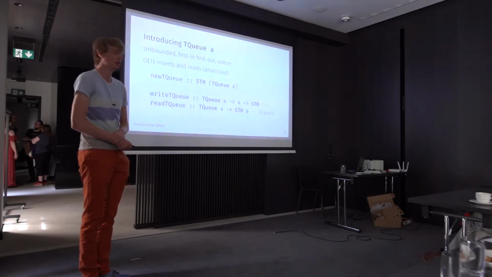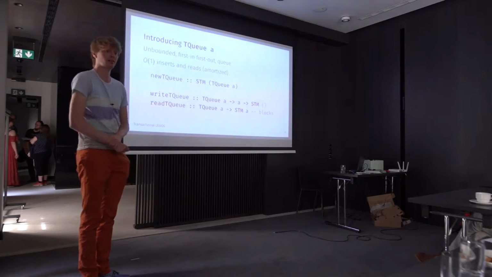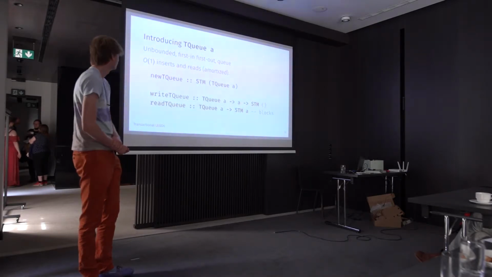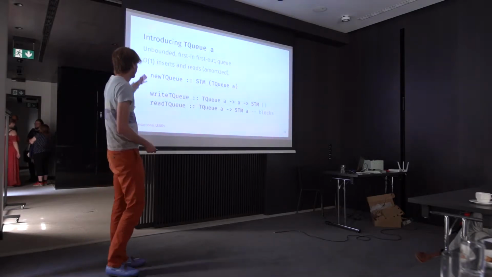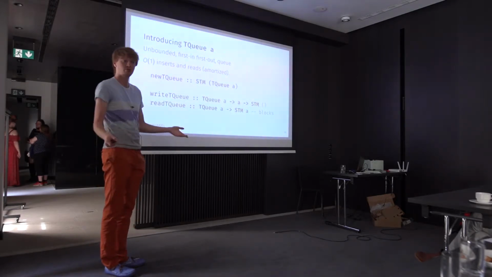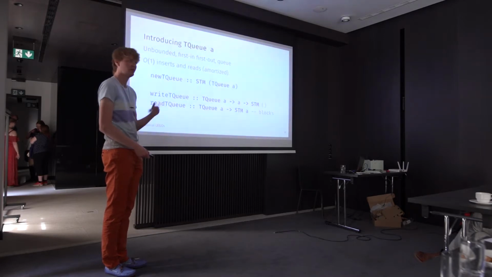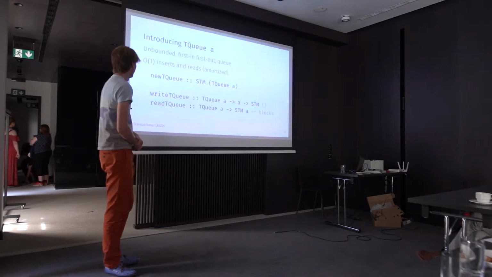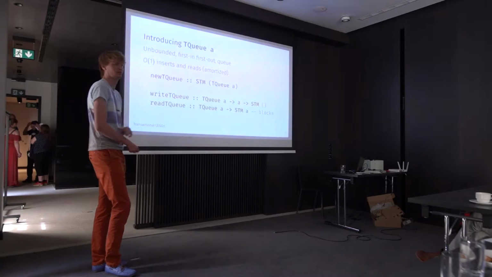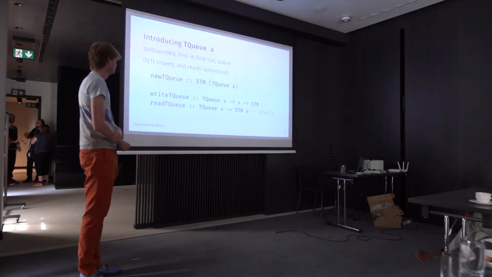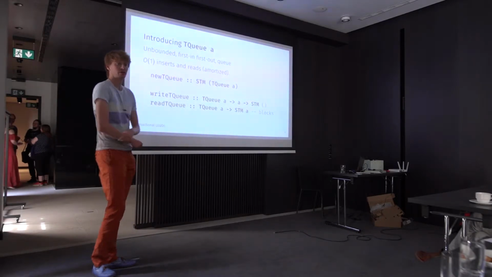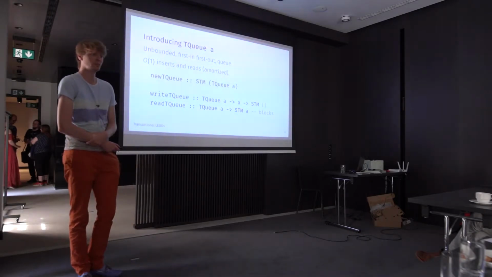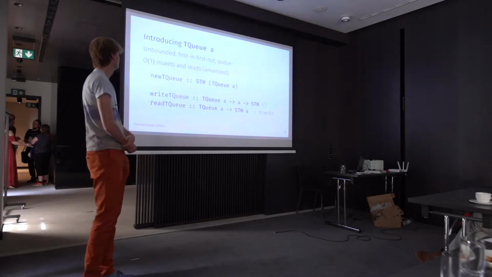And we'll see where this comes from when we implement this. So our interface, we can create new queues, like we've seen before, and we can write and read to and from it. Read blocks if the queue is empty, using retry, as we'll see in a bit.